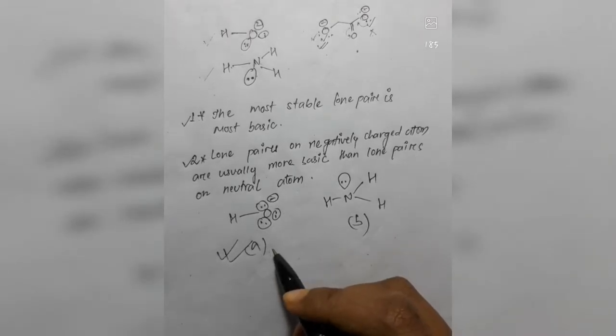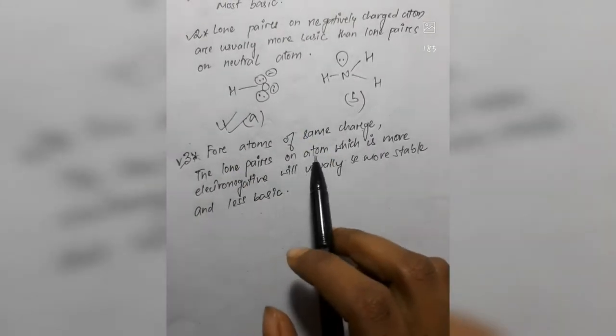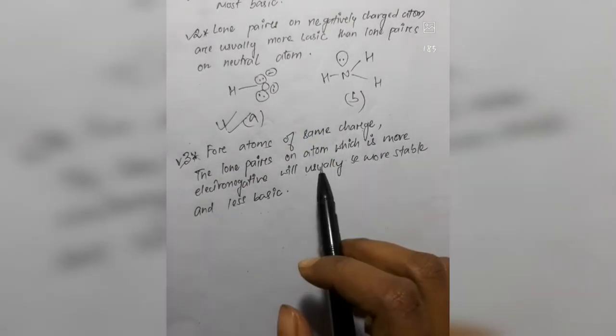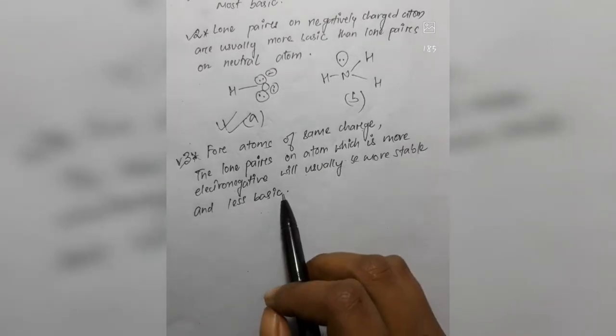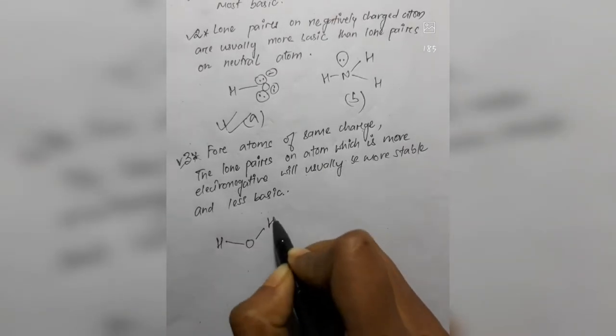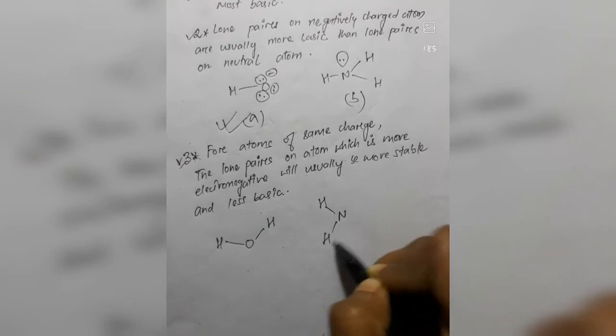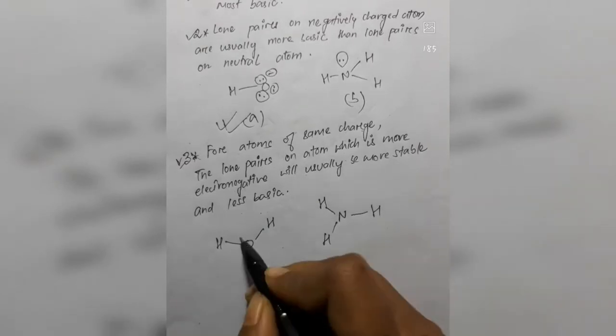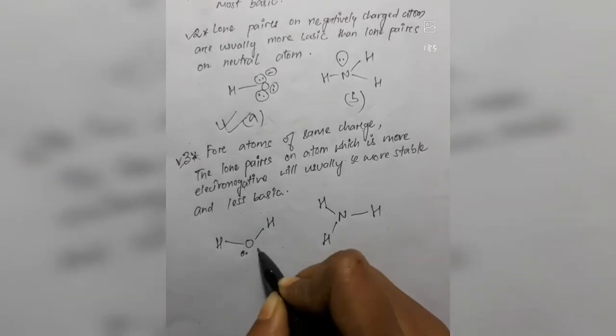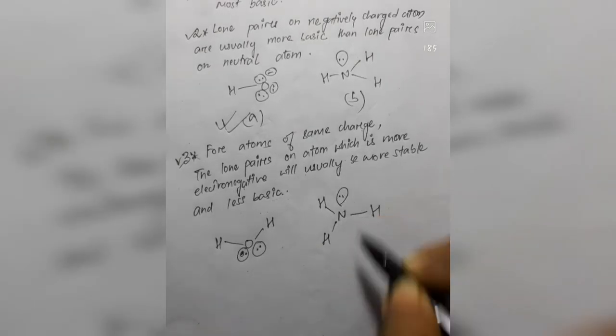Okay. Now the third point says that for atoms having the same charge, the lone pairs on the atom which is more electronegative will be more stable and it will be less basic. So let us look at the molecule like this one, and this is the other molecule. So how many electrons are there? There are two lone pairs of electrons on this oxygen and this nitrogen is having one lone pair of electrons.